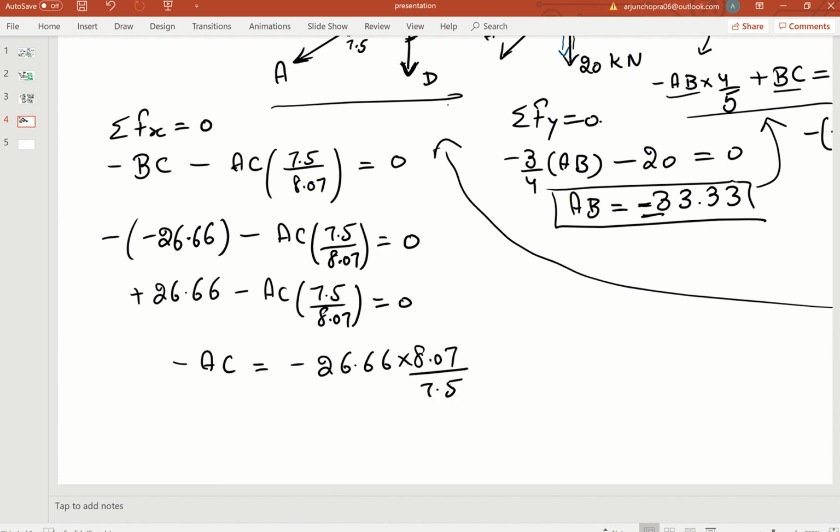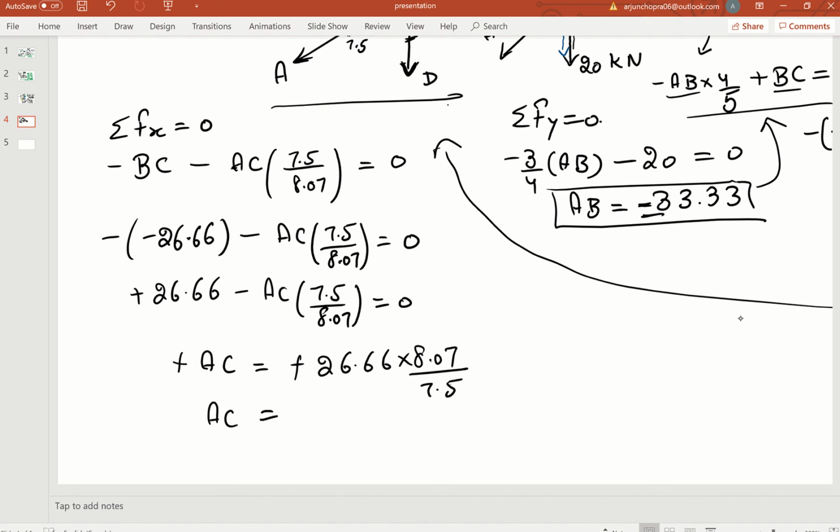So this value is 26.66 times 8.07 divided by 7.5, which is about 28.